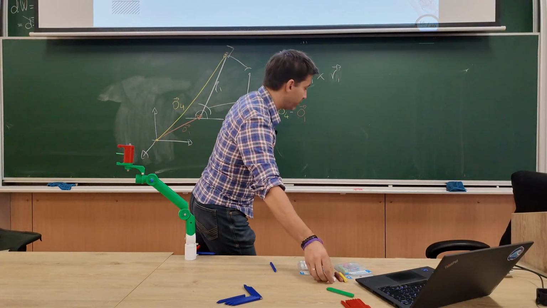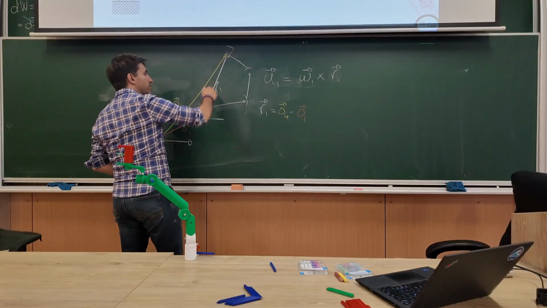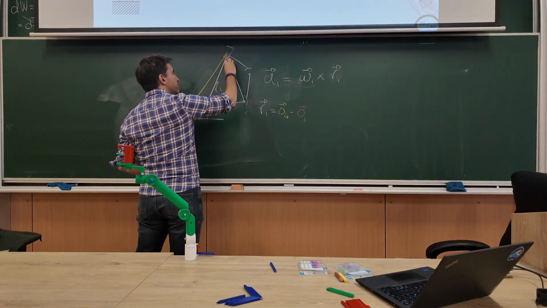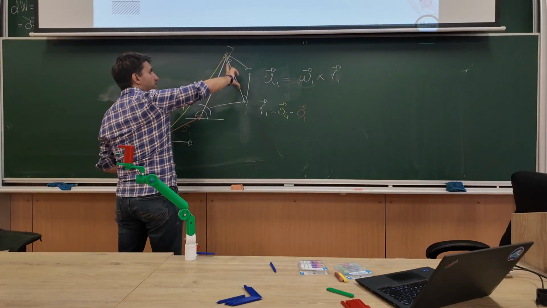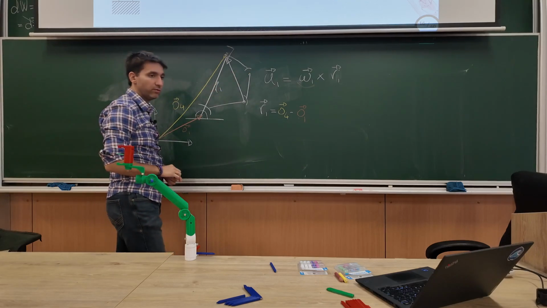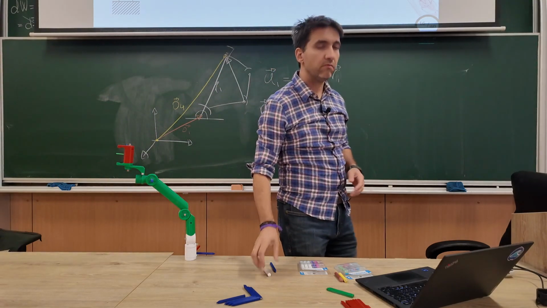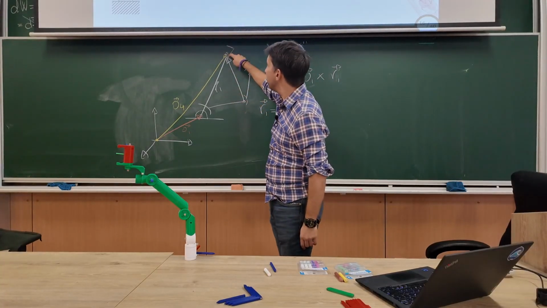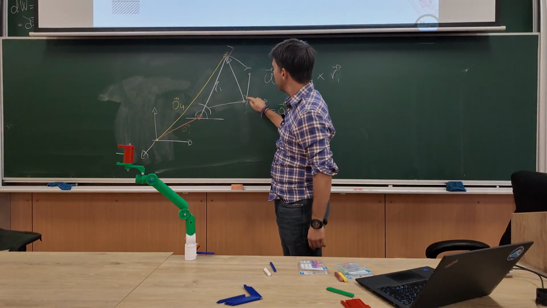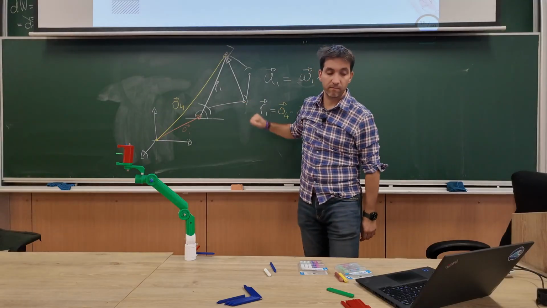Now instead of having this radius, I will have this radius, the second joint. Same idea. I still take the end effector, o4, minus now the position of this joint.